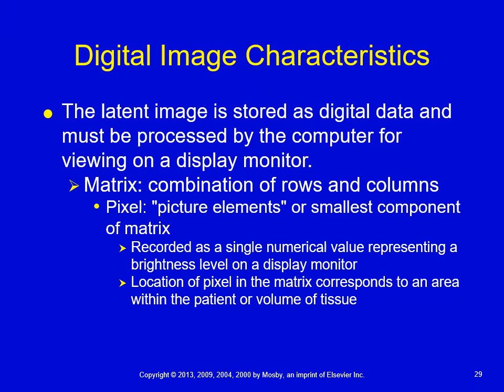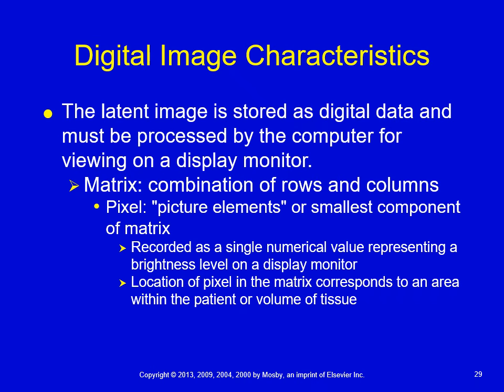A matrix is basically a grid made up of rows and columns. Think about a checkerboard, if you play checkers. The checkerboard has all the squares, and each individual square on the checkerboard we would call a pixel. The matrix and the pixel can determine what the image actually looks like.